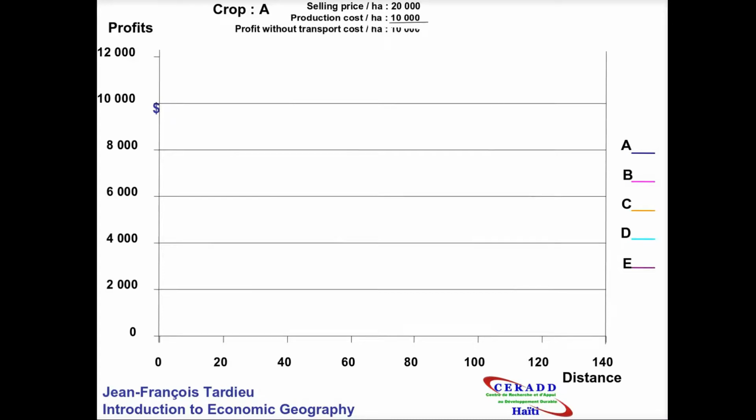The cost of production is 10,000 monetary units. So, if it were not for transportation, this product would yield a profit of 10,000 currency units per hectare.